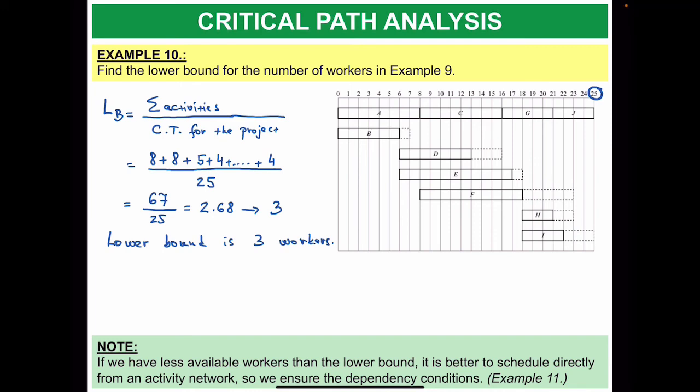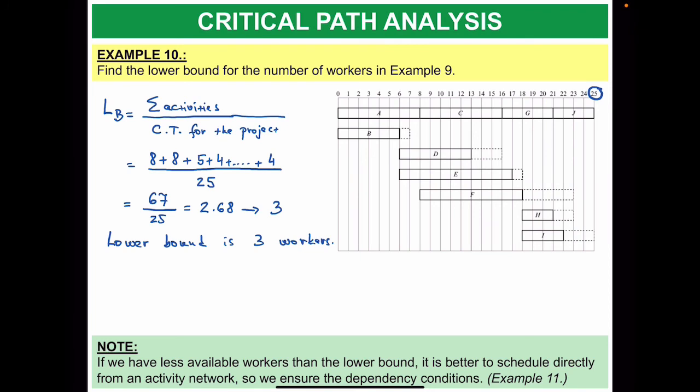But it doesn't take into account how the activities might overlap. That means it doesn't guarantee that 3 workers is sufficient. But minimally, you need 3, okay? If you go under 3, then definitely you will not make the critical time.